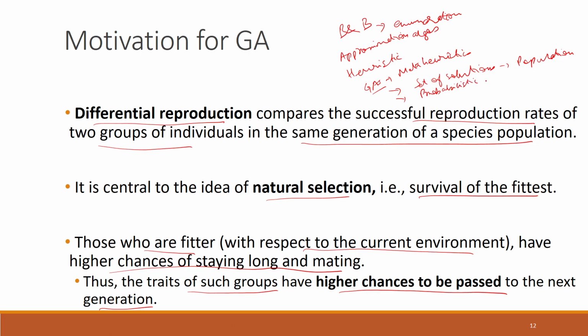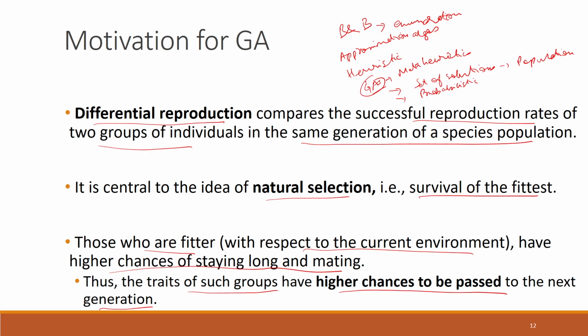Since they use operators such as mutation and crossover, which have been derived from the concept of evolution, they have the property of generating solutions which are diverse and picked from a variety of places in the feasible region, and therefore the chances of these genetic algorithms getting stuck in local optimum solutions is less. Okay, so that is why these things make genetic algorithms very appealing.